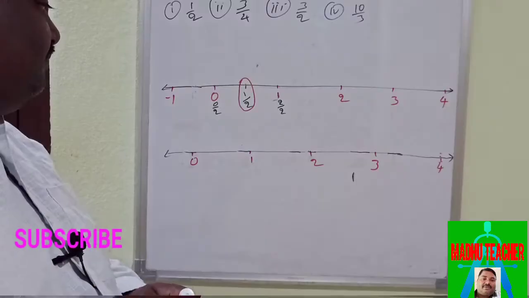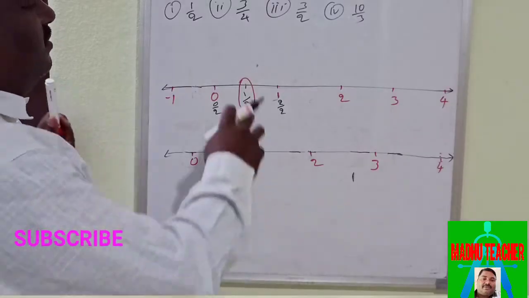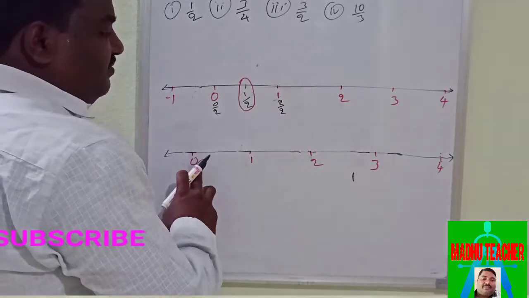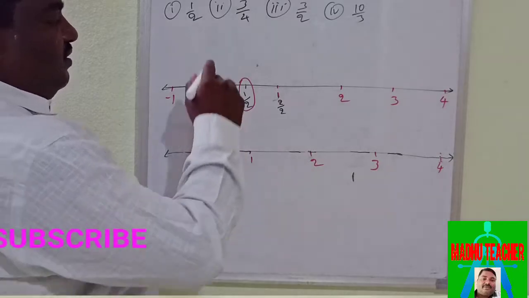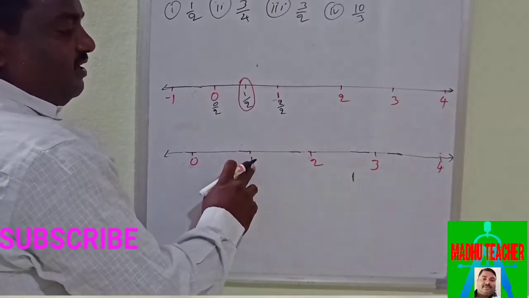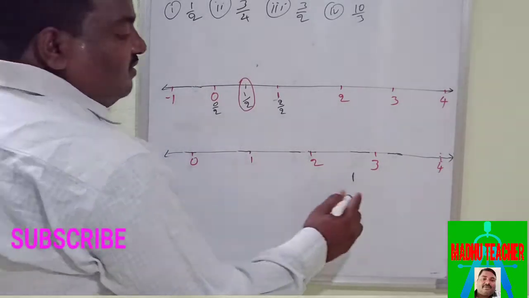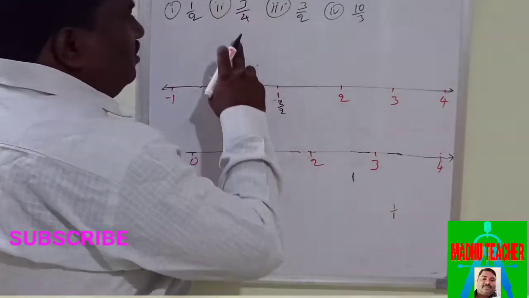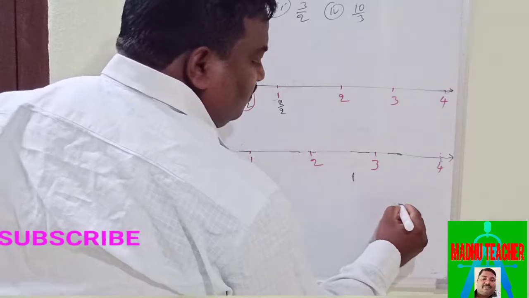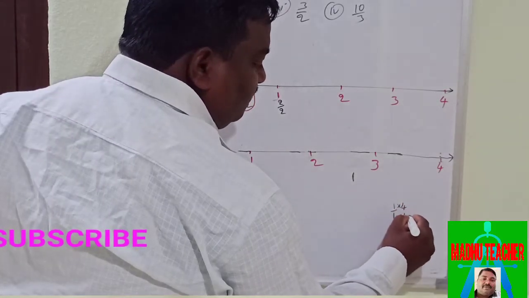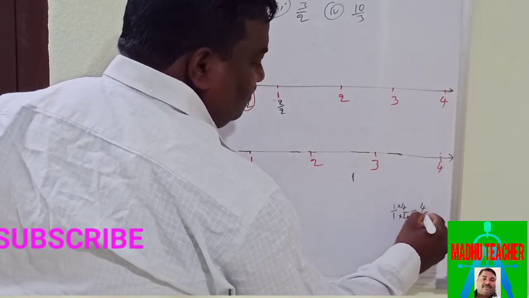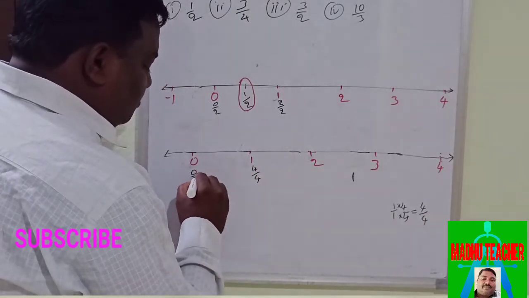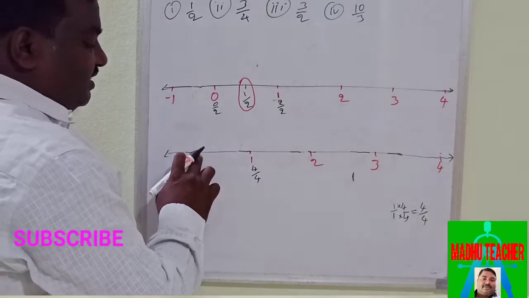Next 3 by 4. Okay, so here 3 by 4. 3 by 4 is a proper fraction, so it lies between 0 and 1. Now write the equivalent fraction to 1. Its denominator should be equal to 4. So you have to multiply with 4. That equals 4 by 4. So you can write it as 4 by 4. It is 0 by 4. Now divide.